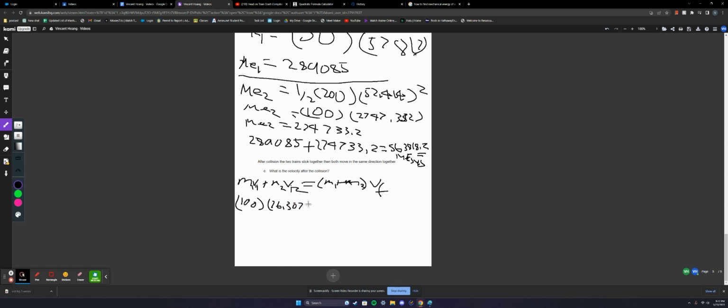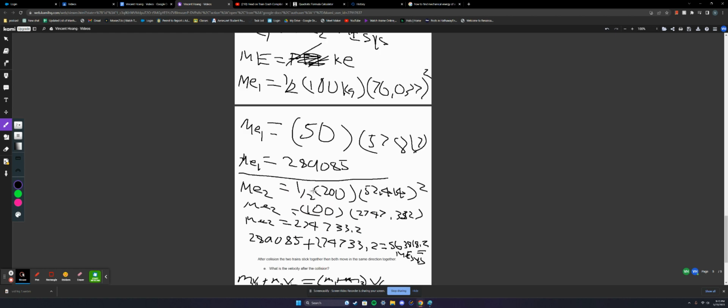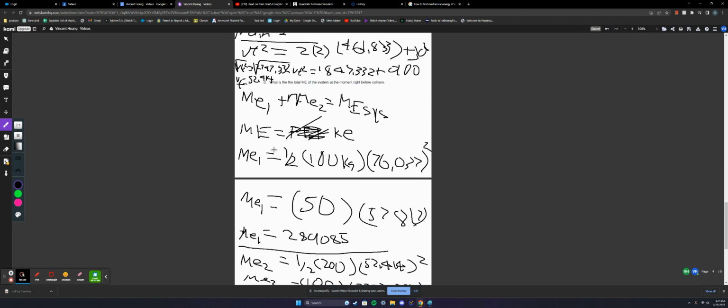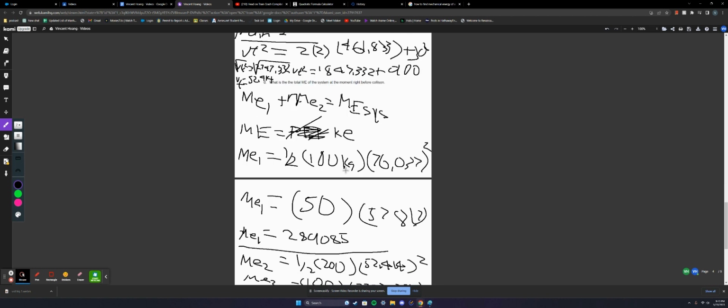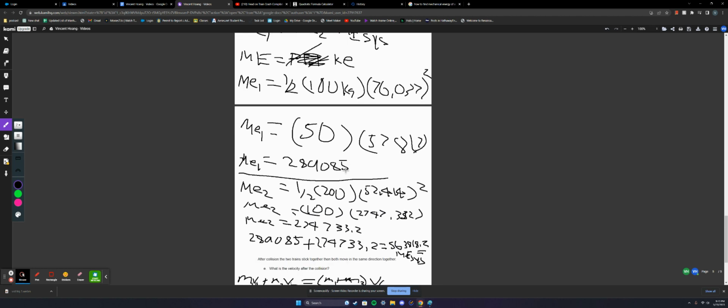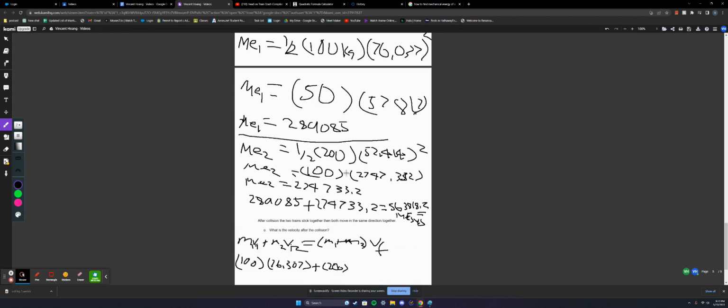And then for train 2 is 200 kilograms. The velocity right before collision is 52.414.